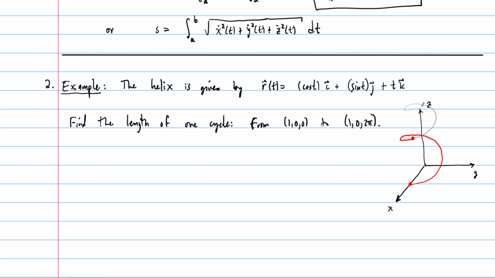And remember that this curve just keeps cycling around and becomes a helix. By the way that this is defined, we can see that the t value is going to go from 0 to 2 pi, right? So let me write this here. This corresponds to t equals 0, and this one up here, t equals 2 pi. And that's the portion of the curve that we want to find the length of.